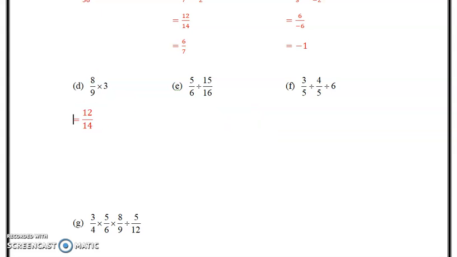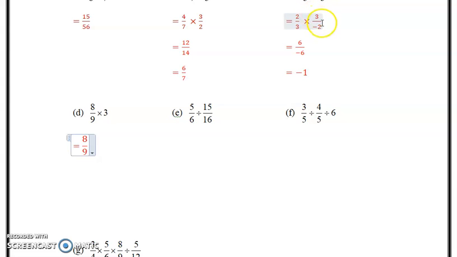Okay, so we have 8. I'm going to do it step by step again. You could probably skip this step once you get the hang of it. And that becomes 3/1.